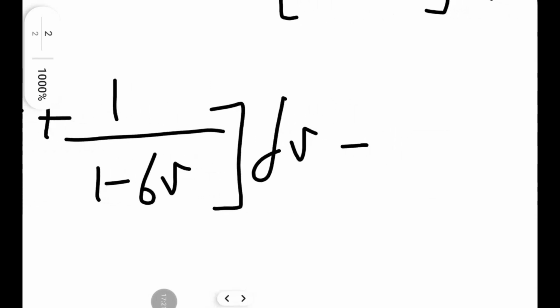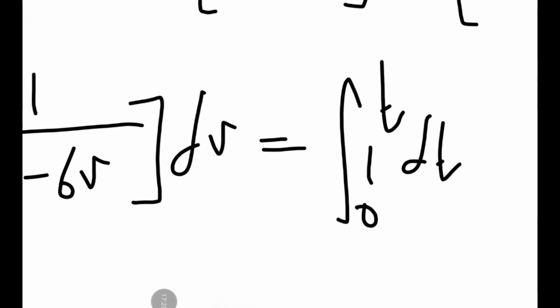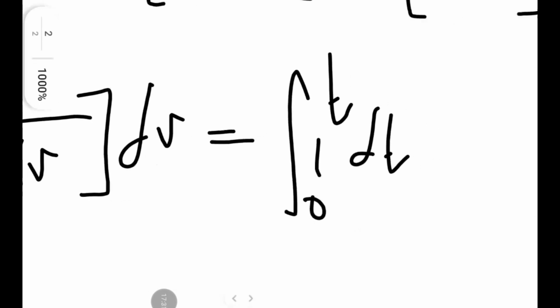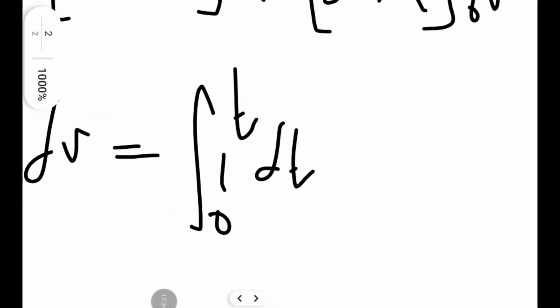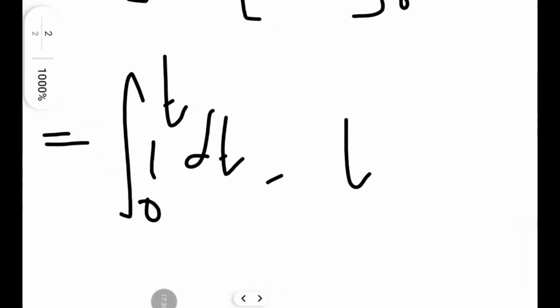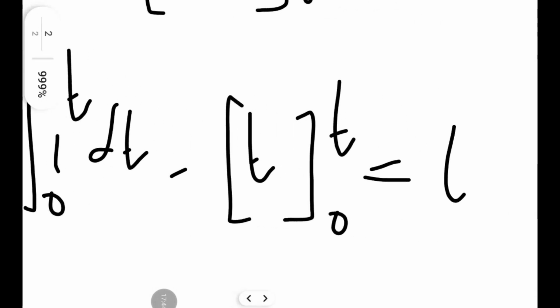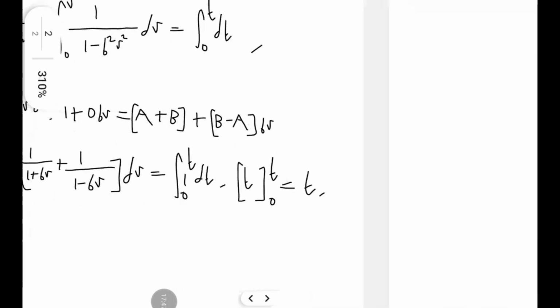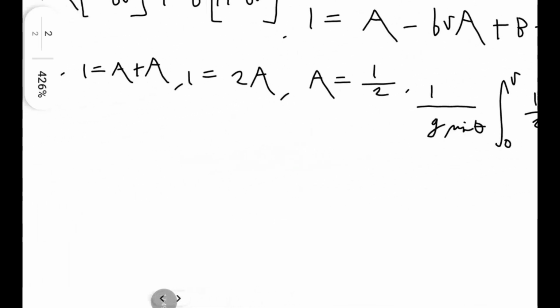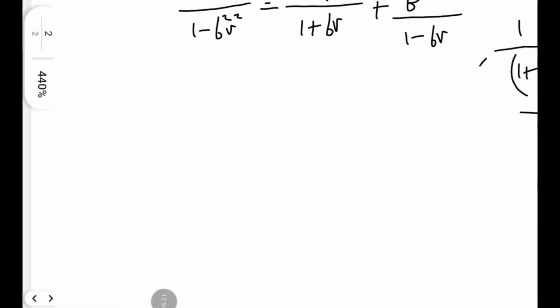And we know the integral between 0 and t of dt is the integral of 1, which is just going to be t between 0 and t, and that's just equal to t. Anyway, I'm going to get it into a better format to work with it.